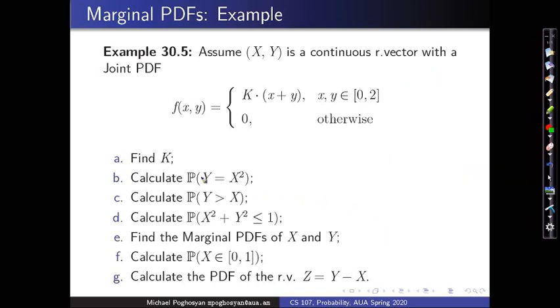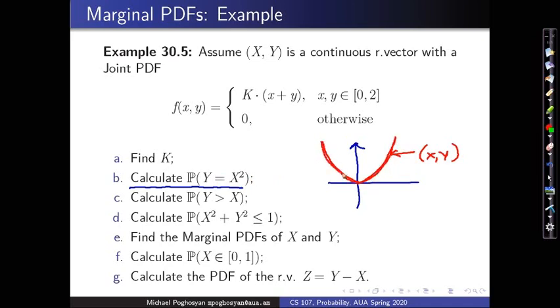I'm erasing this. So second part, calculate the probability that y is equal to x squared. Even though I am not drawing the joint PDF support where f is non-zero, I know that I want to calculate the probability that my XY point is here, XY is on this curve.